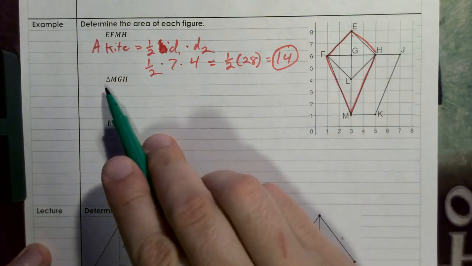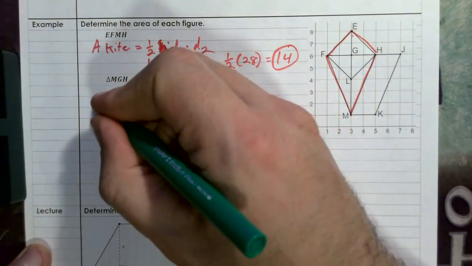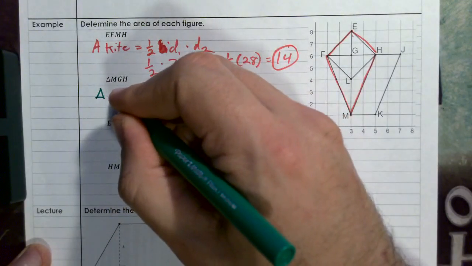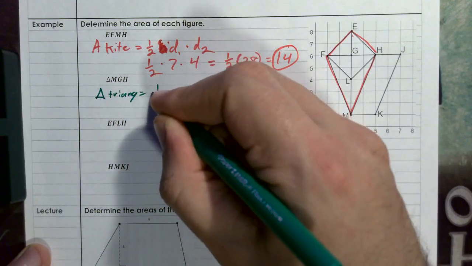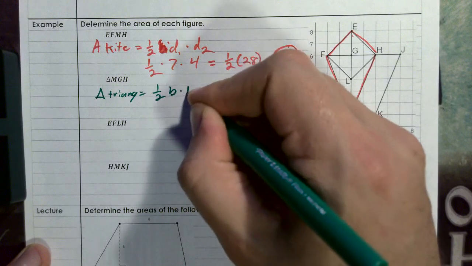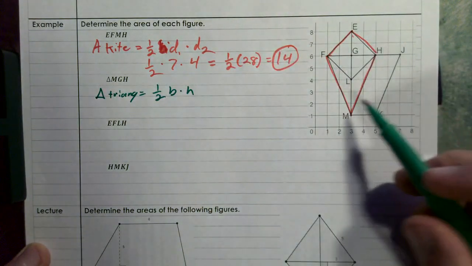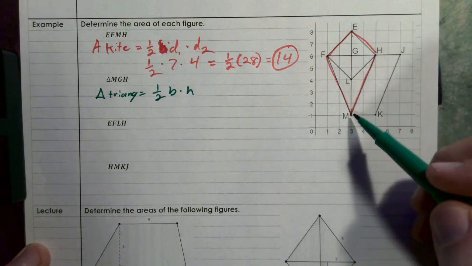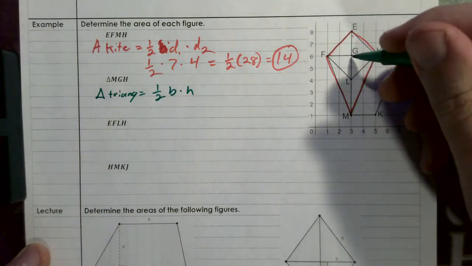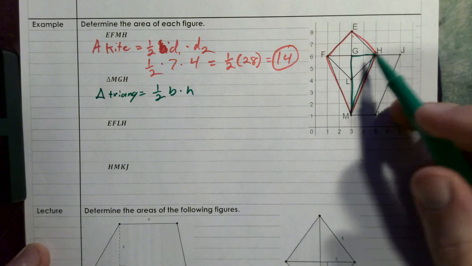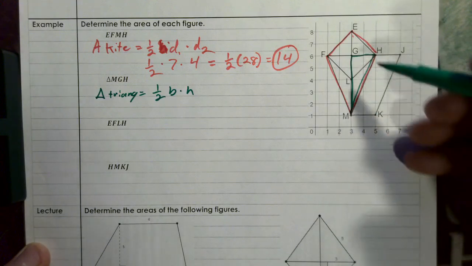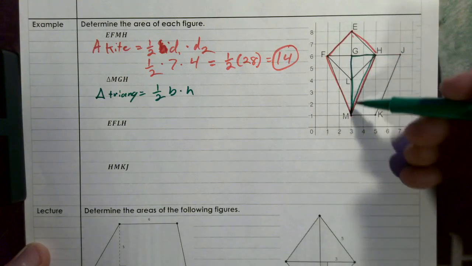Next, we got triangle MGH. So I already know that is a triangle. And for a triangle, we've got to do 1/2 our base times our height. So finding that triangle, I want the two sides that are perpendicular to each other.